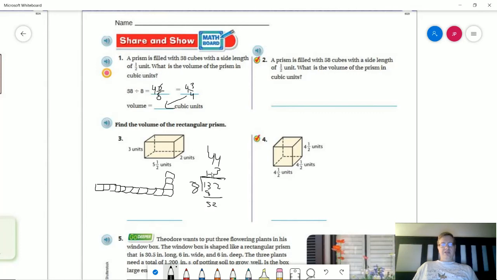And we'll pretend that 3 is not there right now. And so we are going to have 16 4/8, or 16 1/2, for the volume of that.